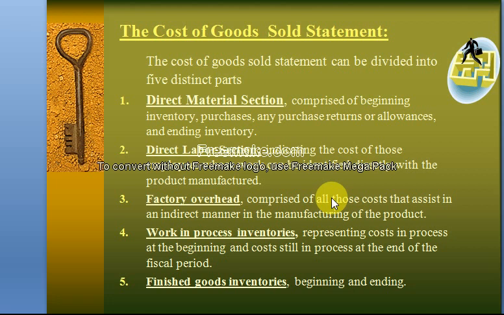Or simply we can say that the direct labor section indicates the cost of those employees whose work can be identified directly with the products manufactured.